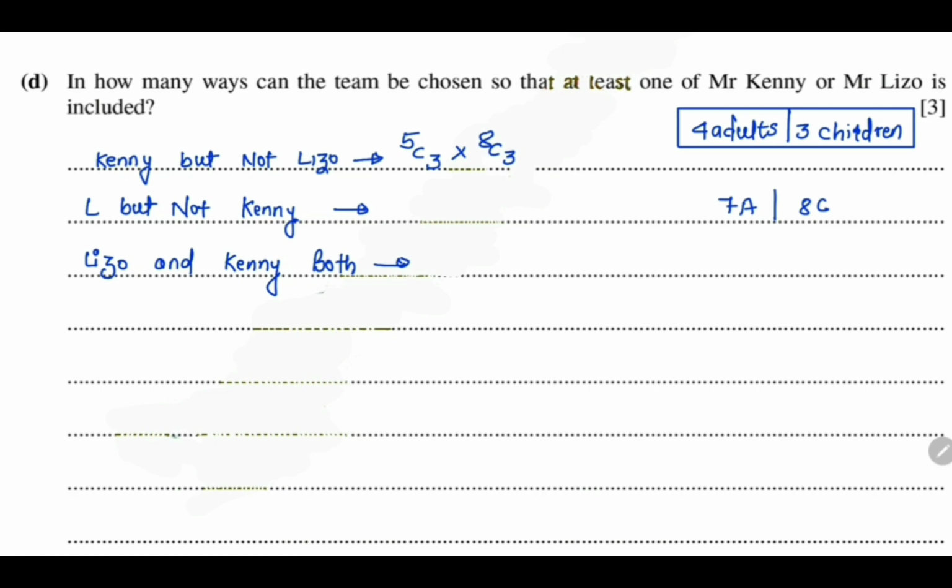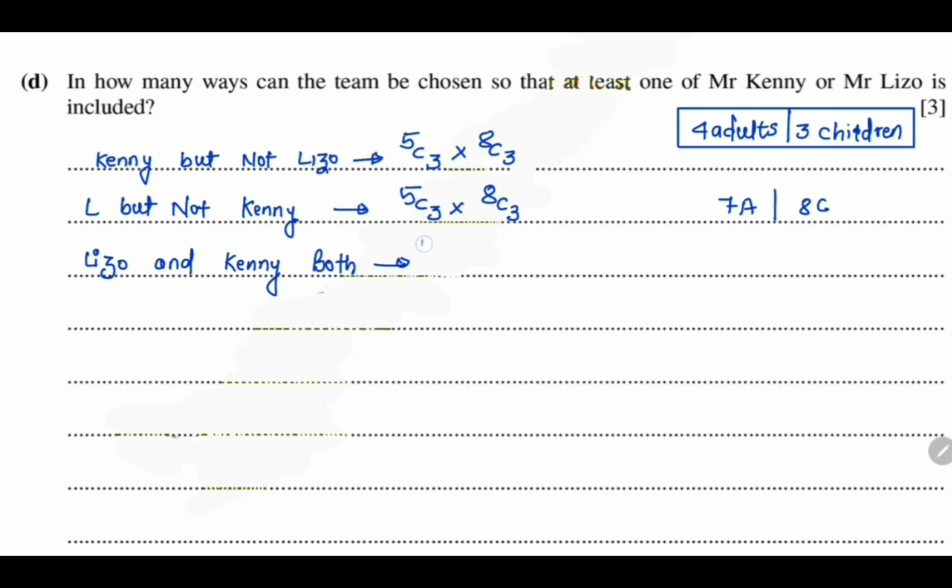Now Lizzo but not Kenny. So Lizzo is already included, not Kenny. Again, this is 5C3, and I can select 3 children out of 8 in 8C3 ways. And if Lizzo and Kenny both are included, so 2 adults are already there in the team. Now we have to select 2 more adults. Okay, so Lizzo and Kenny both are included, so we are left with 5 adults.